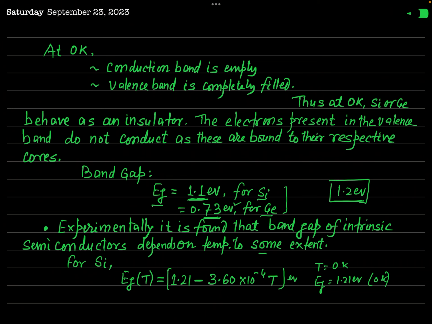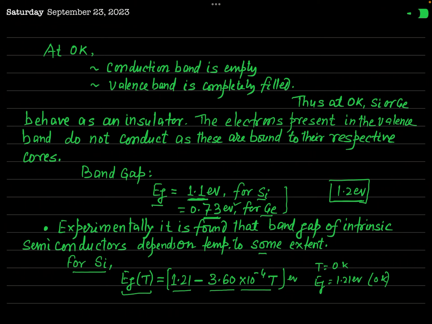Experimentally it is found that the band gap of an intrinsic semiconductor depends on temperature to some extent. So if you are talking about the band gap of silicon at a temperature T, its band gap Eg of T is given like this: 1.21 minus 3.60 into 10 to the power 4 into T electron volt.